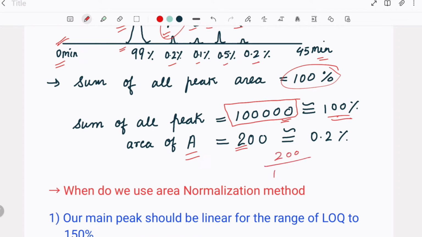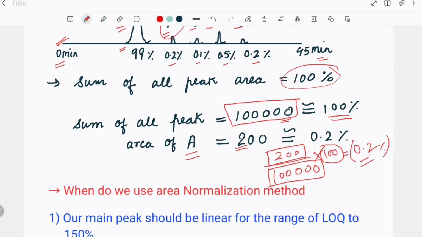We just apply a simple formula, and we multiply by 100. This comes to 0.2%. Okay, so whatever area of your impurity has come, we have to divide it by the sum of all the peak areas including the main peak and all the impurity peaks, and we multiply it by 100 because we have to get it in terms of percentage. This is a simple formula to calculate the amount of impurity.